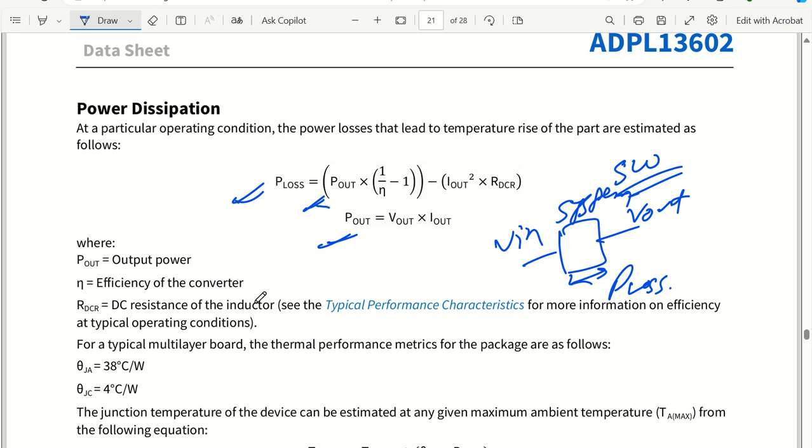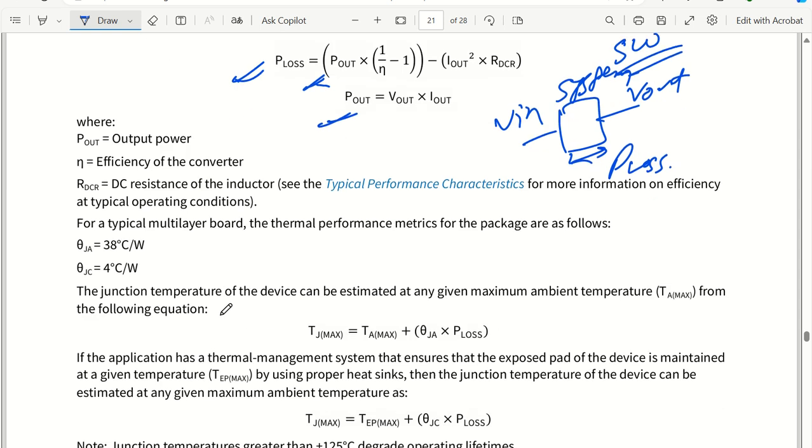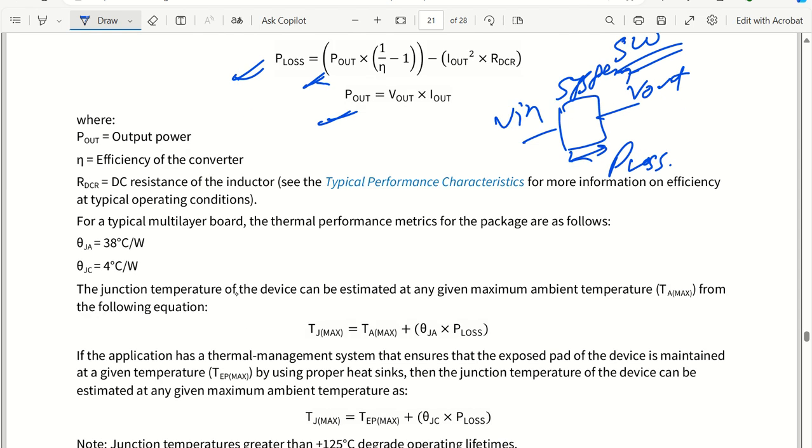Good. And if you want to calculate the junction temperature increase, let us say we have a power loss which is going to get dissipated across the IC. In that case we will have ambient temperature plus the junction to ambient thermal resistance. So we have theta j, that is your junction to ambient thermal resistance, multiplied by power loss.